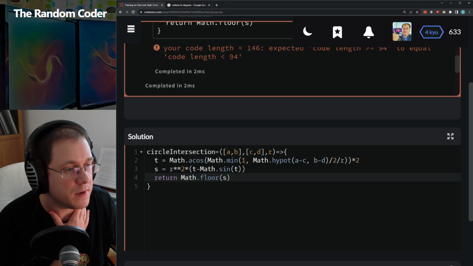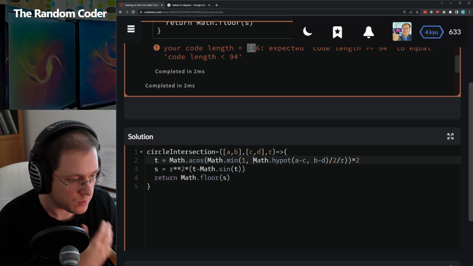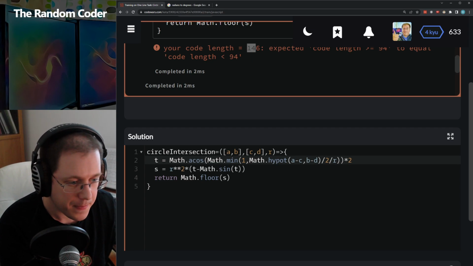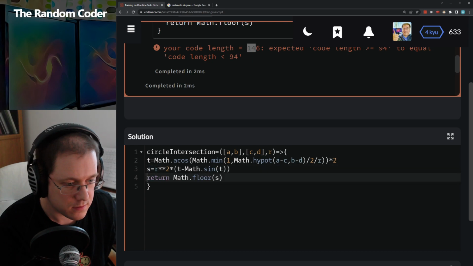There's still a lot of optimizing we can do. 146, okay. So we're getting there. Spaces, white space. We can get rid of all the white space. Here, here, here, here. In fact, all of this.